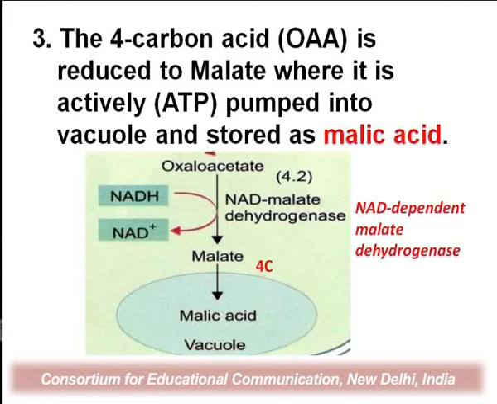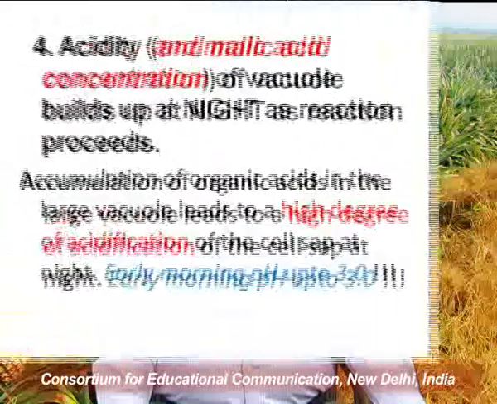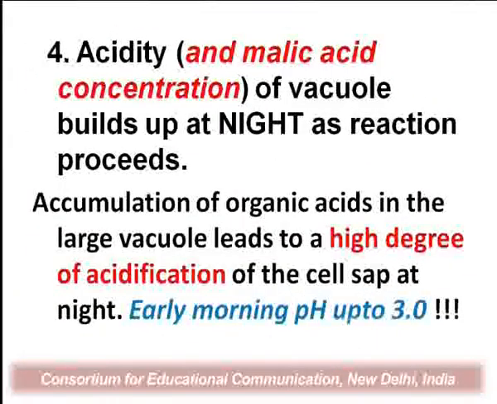There is a constant accumulation of malic acid in the vacuole, and this malate is actually actively pumped. That means it requires the expenditure of ATP, and as a result of a continuous accumulation of malic acid, we would find that the acidity of the vacuole builds up at night as the reaction proceeds, and the whole night there is acidification.